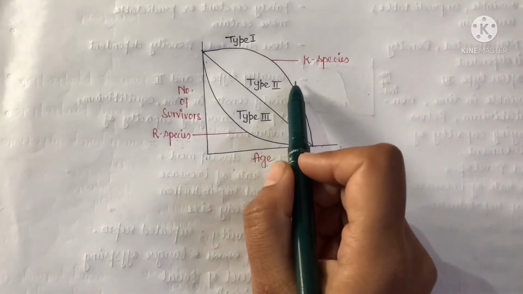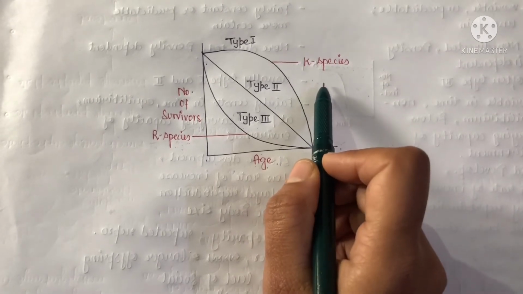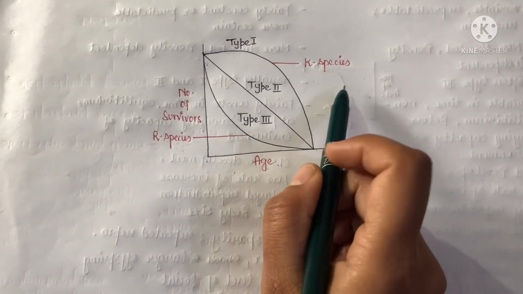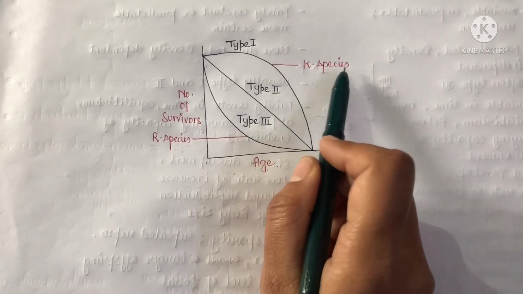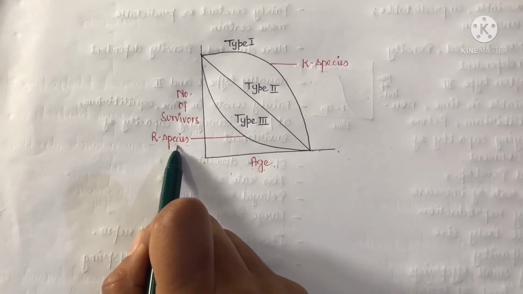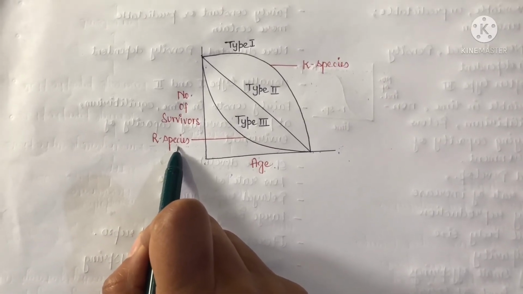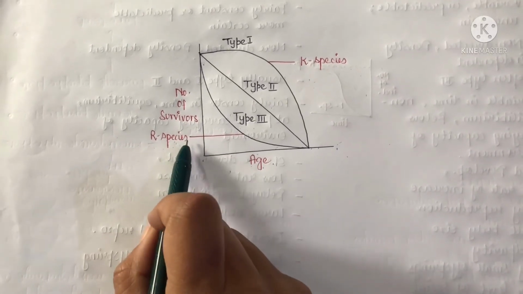So type 1 includes mammals, right? Mammals, Drosophila. These species fall under type 1 or K species. On the other hand, R species include insects, pelagic fishes, shellfish, gymnosperms, frogs, sea turtles.